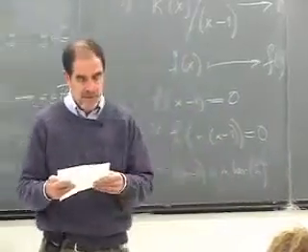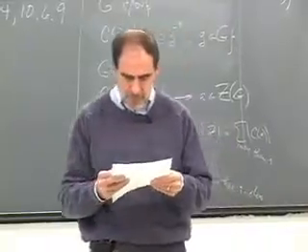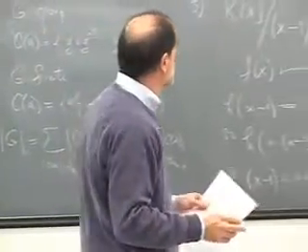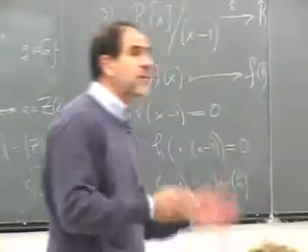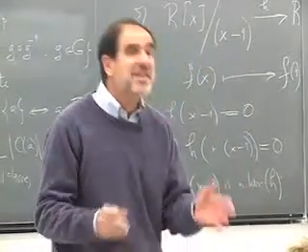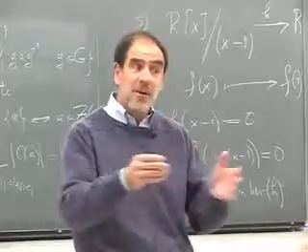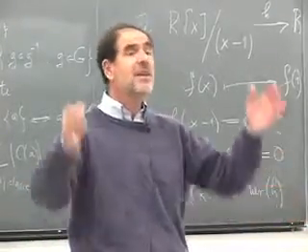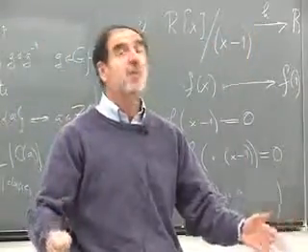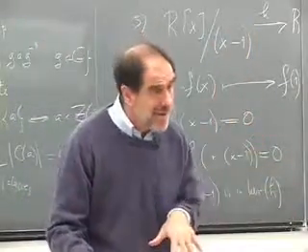Go ahead. Just a real quick question. You say there's an element G of order pq, and that proves that the group is cyclic, because if you have a group of order pq and you have an element of order pq, then the powers of that element exhaust the group. That's what a cyclic group is. A cyclic group is a group of order n for which there exists an element of order n.